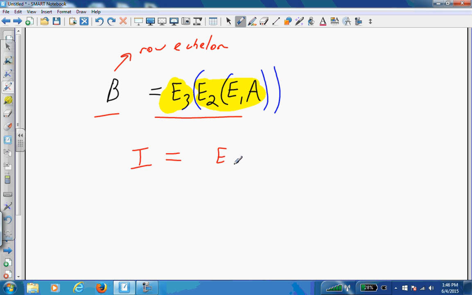So let's suppose that took 5 steps to do. So we performed one row operation on A, then another one, then another one, then another one, then another one, until that was reduced all the way down to the identity matrix.